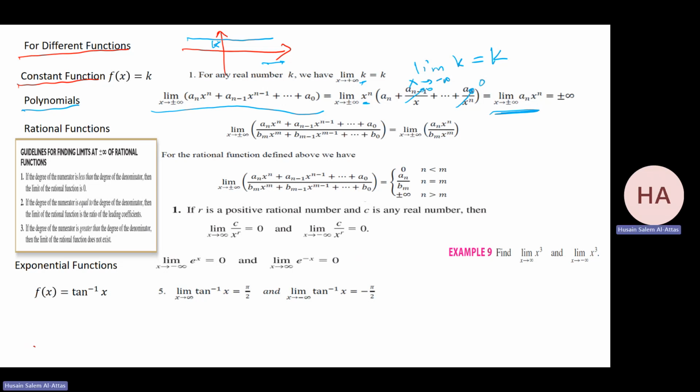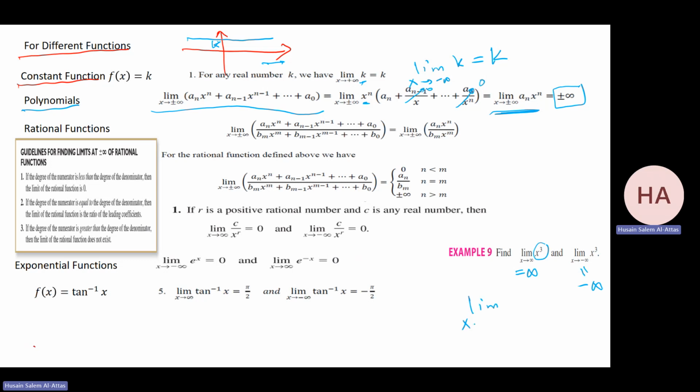And that depends on a_n and also on going to infinity or minus infinity. It will go either to plus or minus infinity. So if I have the limit of x cubed, for example, then what will happen? It will be infinity cubed, infinity times infinity times infinity, that will be infinity. However, if I have minus infinity, that will be minus infinity times minus infinity times minus infinity, and that will be equal to minus infinity.